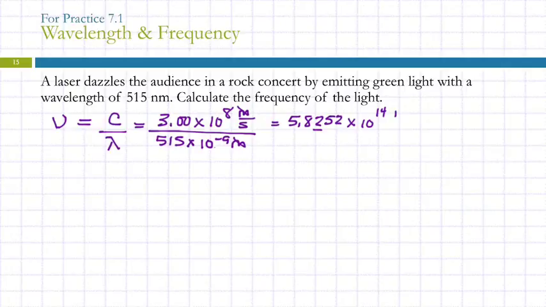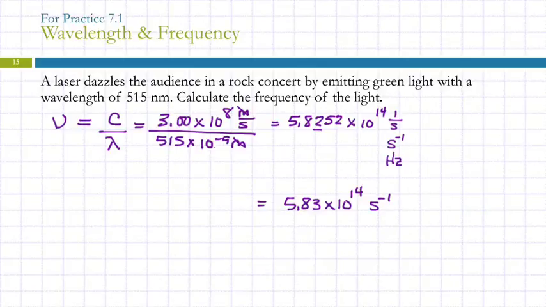And the unit is 1 over second, or you can write that as s to the minus 1, or you can write that as hertz. And rounding that to the correct number of significant figures, 5.83 times 10 to the 14th per second.